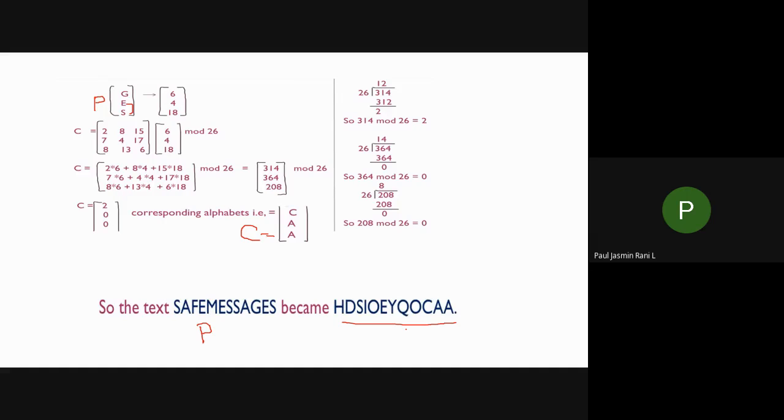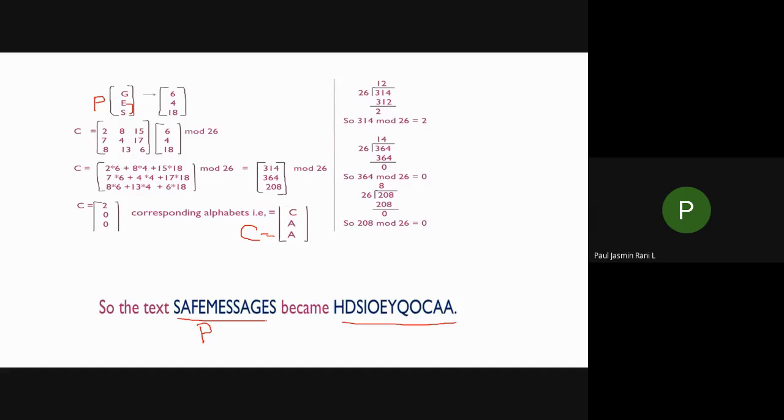So this is a way to do encryption with the Hill cipher. Can you follow this? Shall I continue? Say yes or no. So this is your encryption method. This is how you have to do encryption for any plain text given to you.